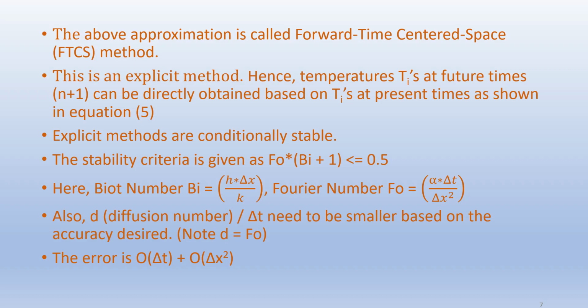Also, the diffusion number and delta t need to be smaller based on the accuracy desired. Please also note that we have used the diffusion number before, and D equals the Fourier number. The error is of the order of delta t plus the order of delta x squared.